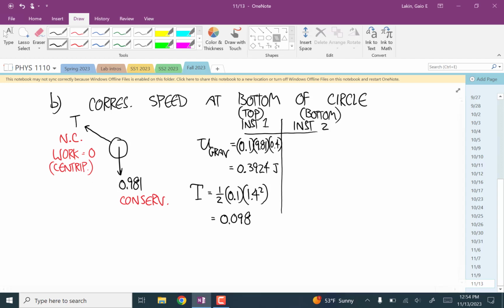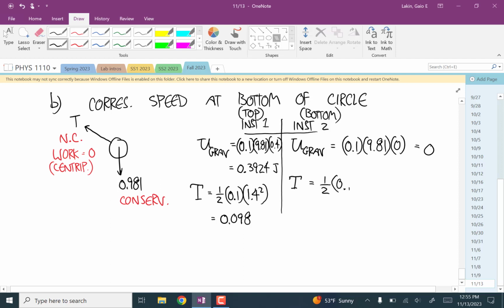And now at the bottom of the circle, the gravitational potential energy is the mass times 9.81 times, what's the height at the bottom? 0, yep. And the kinetic energy, we're trying to figure out the speed, so this is 1/2 times the mass times v squared, and we'll solve for that v.